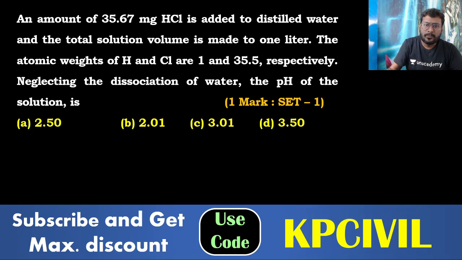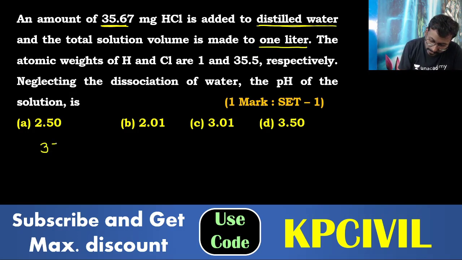An amount of 35.67 milligram of HCl added to distilled water, and the total solution volume is made to 1 liter.